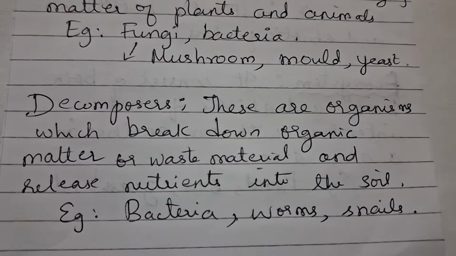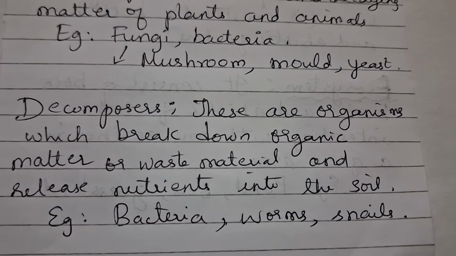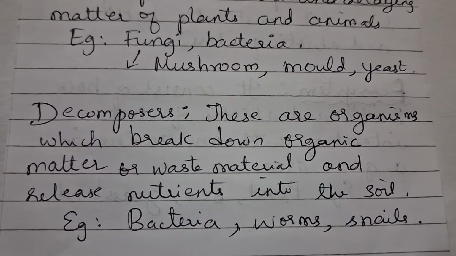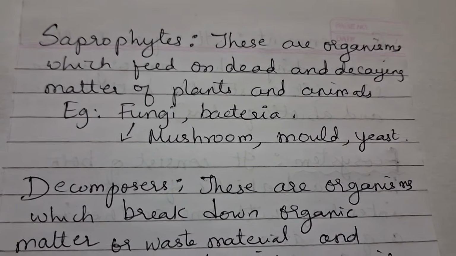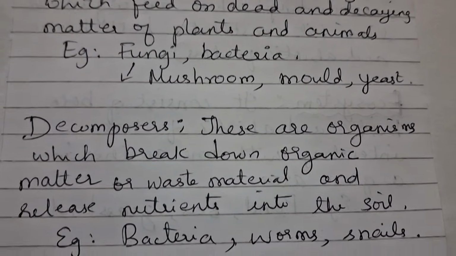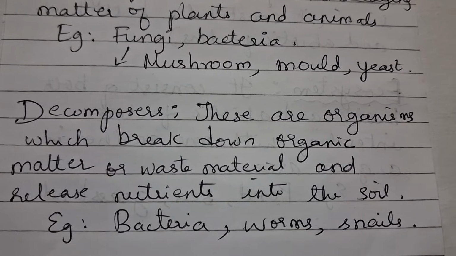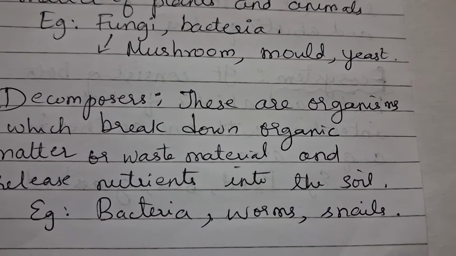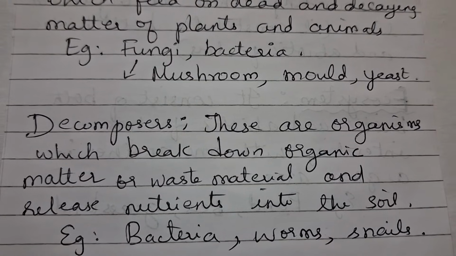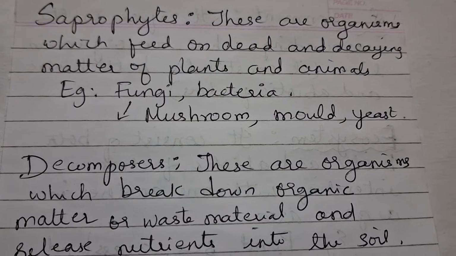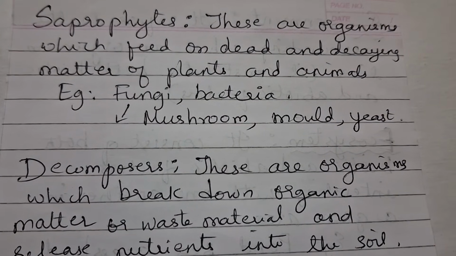Decomposers are organisms which break down organic matter or waste material and release nutrients into the soil. All saprophytes are decomposers. Examples of decomposers are bacteria, worms and snails, which release nutrients into the soil, whereas saprophytes depend on dead matter as their mode of nutrition.